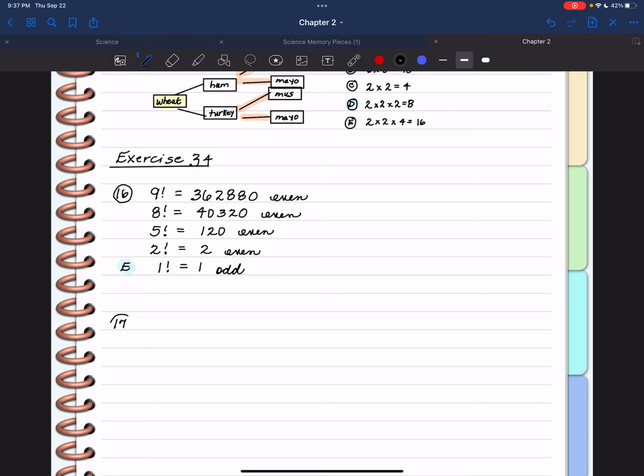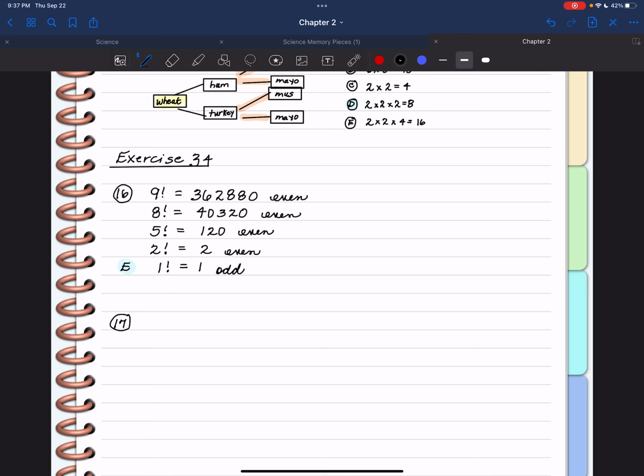Number 17. Which expression shows the number of ways to choose a pitcher, a catcher, and a batter from among 7 players? A pitcher, a catcher, and a batter from among 7 players.